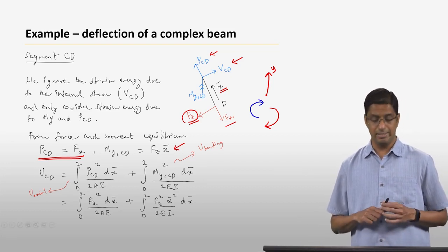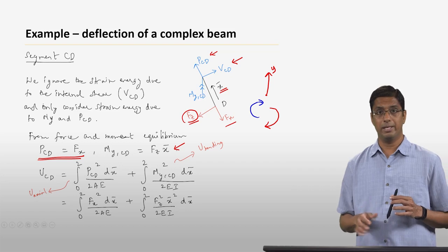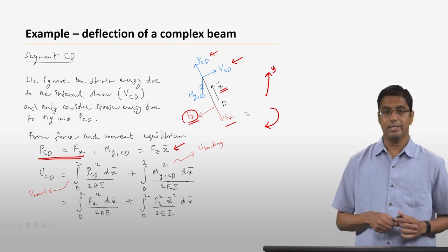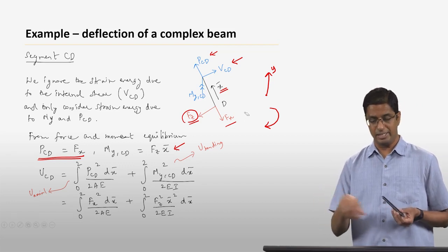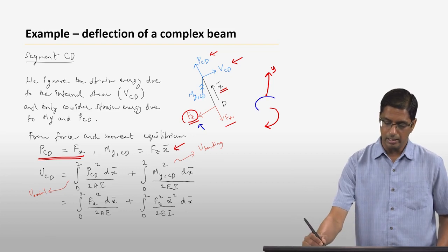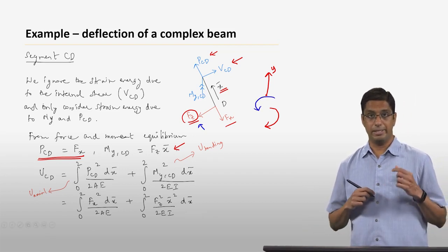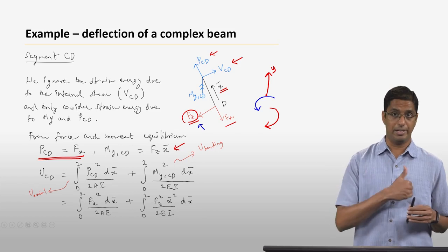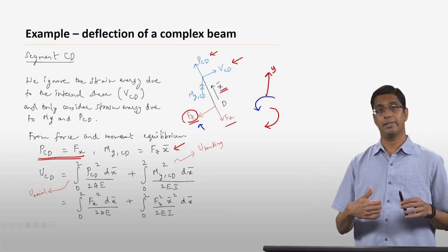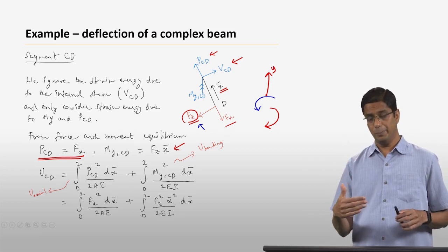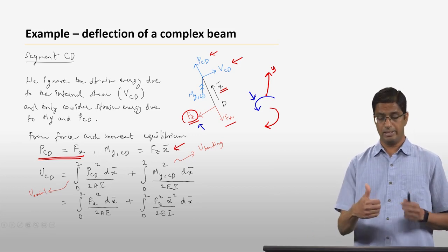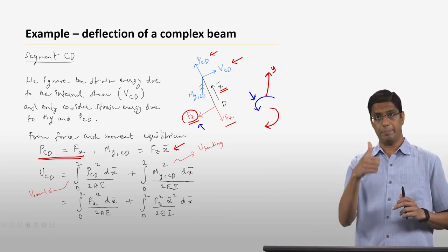Sorry, I made a mistake there. The direction of rotation of Fz is going to be like this, and to counter that, the moment at any point between C and D should be in the opposite direction. One is trying to rotate it clockwise, the other is trying to rotate it counterclockwise. Now if you use your right hand rule and curl your fingers along this blue curve, then your thumb will be pointing up.